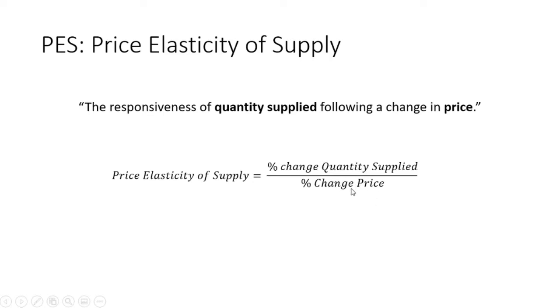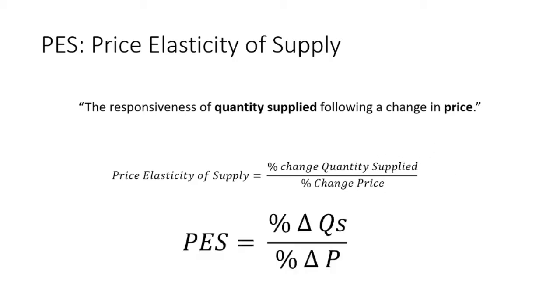The only real difference between this and price elasticity of demand is we've changed quantity demanded for quantity supplied. And of course, you can always put this into a shorthand by saying that PES is equal to percentage delta QS over percentage delta P, which just means the same thing we've looked at before: percentage change in quantity supplied over the percentage change in price.